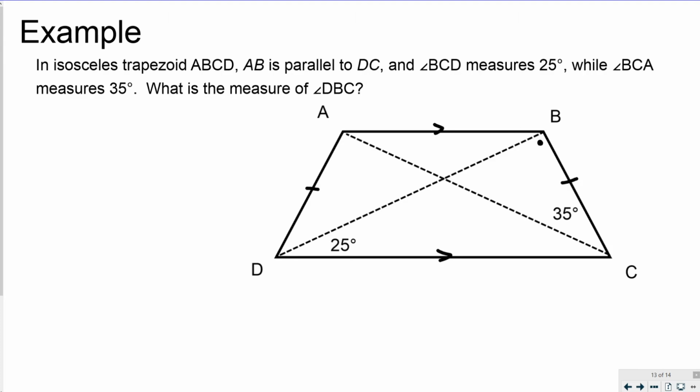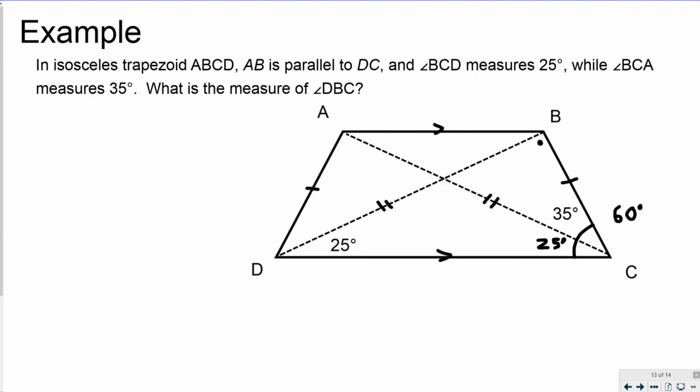So one of the things that I know about this is that these two sides here, this and this, are an isosceles triangle. That was the corollary we just looked at. So if these two are the same, it is an isosceles triangle, this is also 25 degrees, meaning this entire angle is 60 degrees.